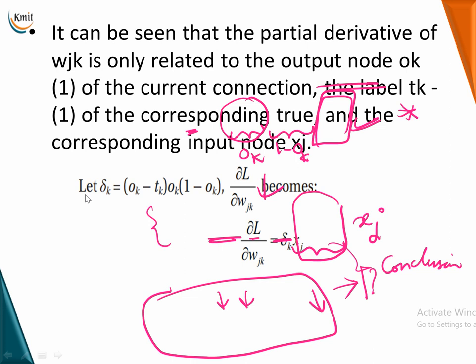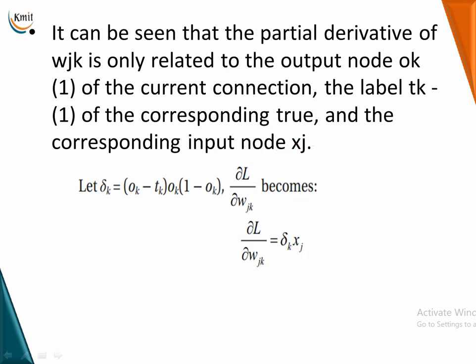So next, it can be seen that the partial derivative with respect to W_JK is related only to the output node that we just discussed, the true label T_K, and the corresponding input node. Now what I am doing a little extra in this model is, in the previous equation I am replacing (O_K minus T_K) O_K (1 minus O_K) as one single letter, delta_K.